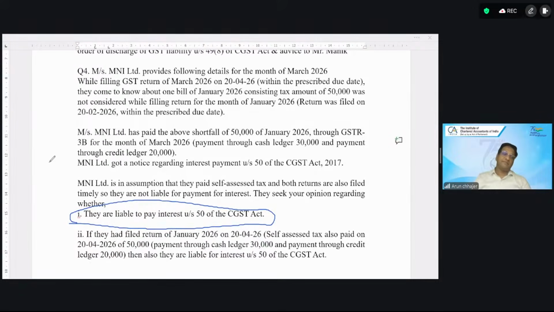Just tell me. They need to pay, okay, not liable, not liable. Abhimanyu, why are you saying that it is not liable?